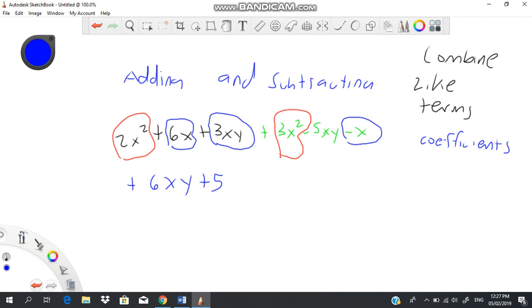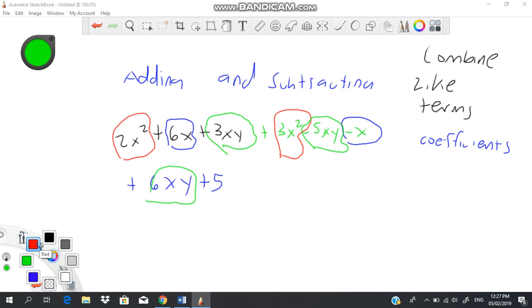Well, because 3xy has a y in its variable. We're only finding the letter x, so we'll just find the exact like terms. And how about xy? So 3xy, what other terms have xy? We have negative 5xy and positive 6xy. That leaves us with only 5, which has no other constants or no other like term.